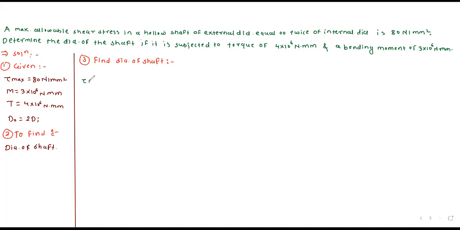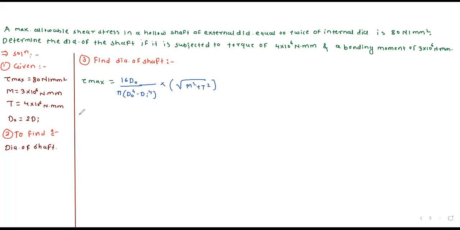Tau max is equal to 16 D naught divided by pi in bracket D naught raised to 4 minus Di raised to 4, into in bracket square root of M square plus T square.